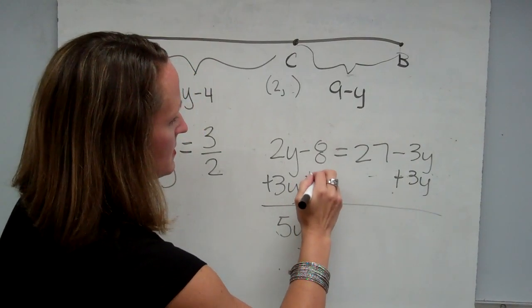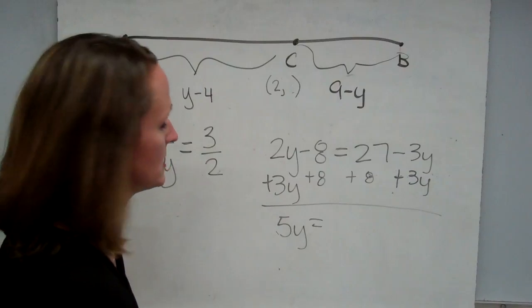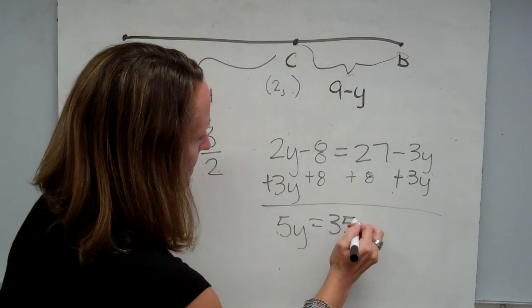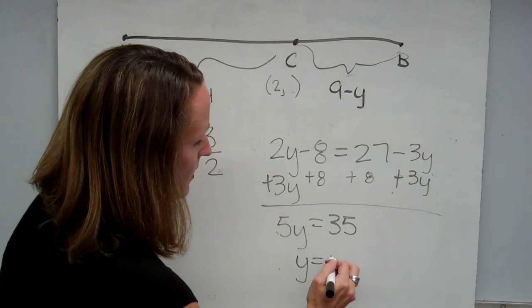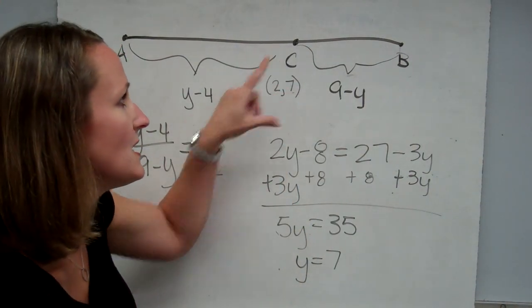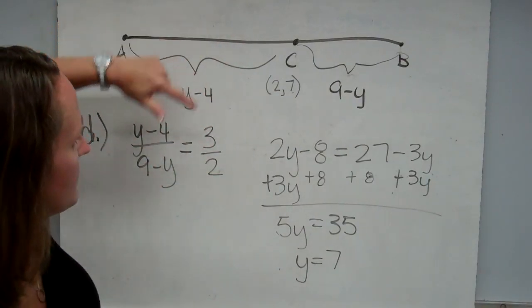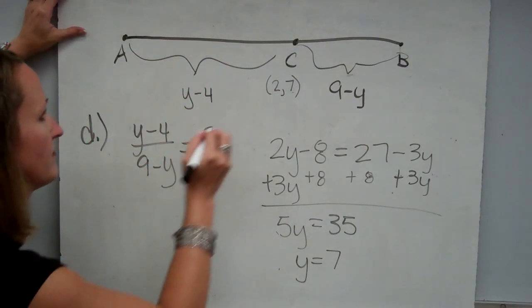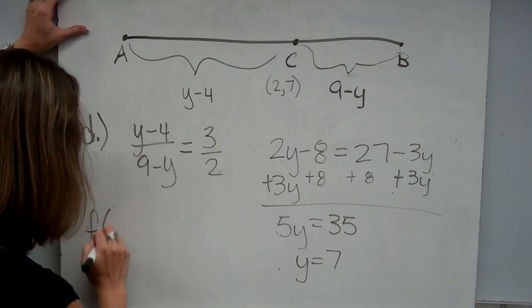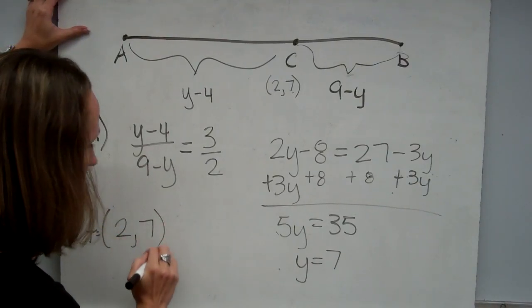And I'm going to add this so that I get 27 and 8, 35. So now I have the answer that Y is 7. So now I know that my ordered pair where C is (2, 7), which is step F on your notes. F says write C as an ordered pair. It would be (2, 7).